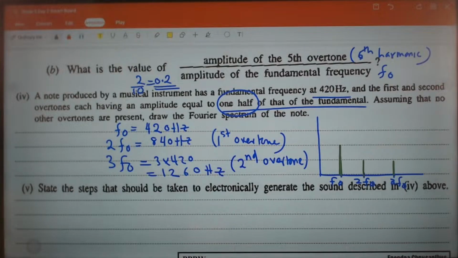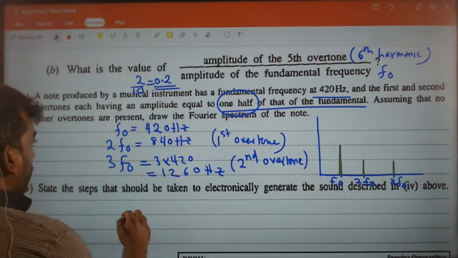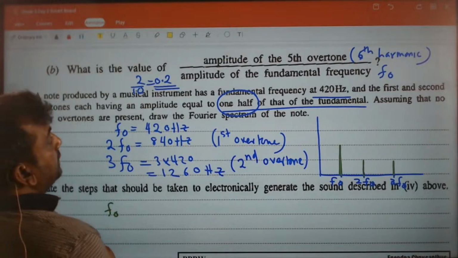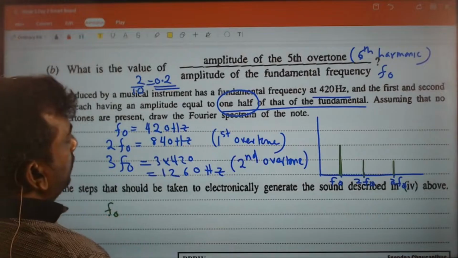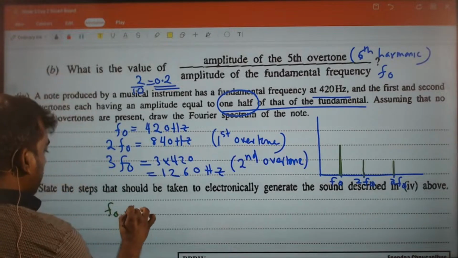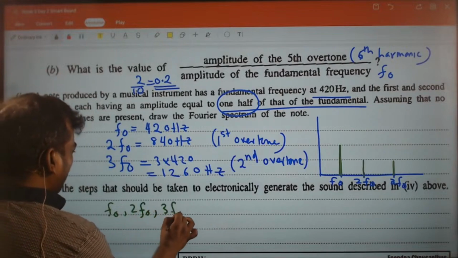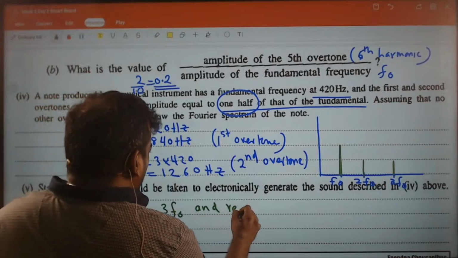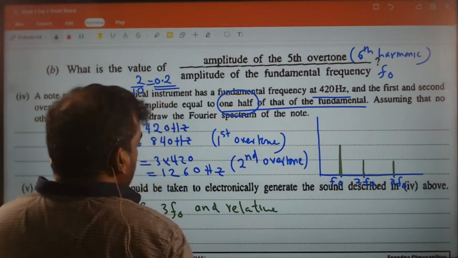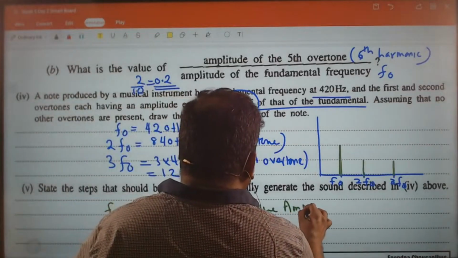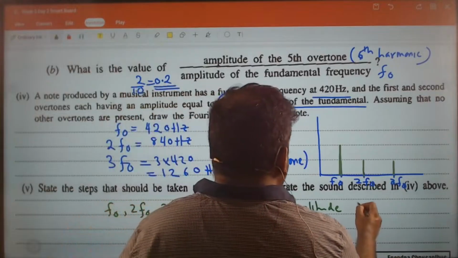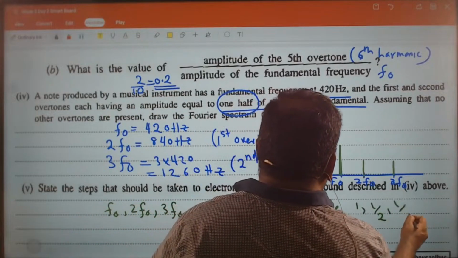F naught, 2F naught, 3F naught, and relative amplitudes 1, half and half.